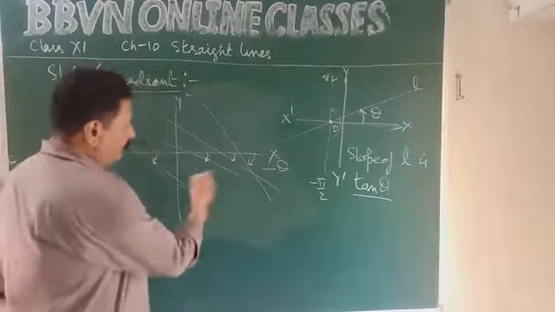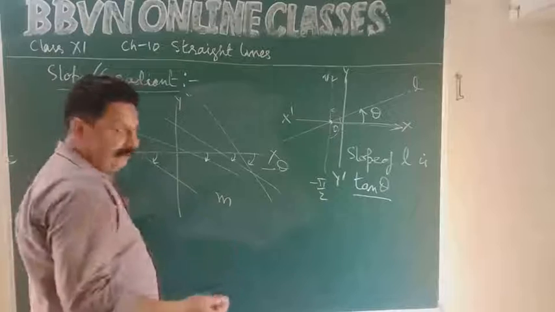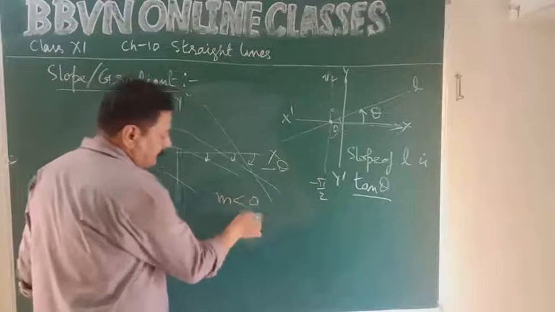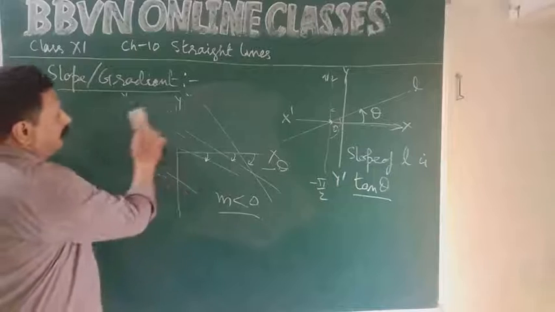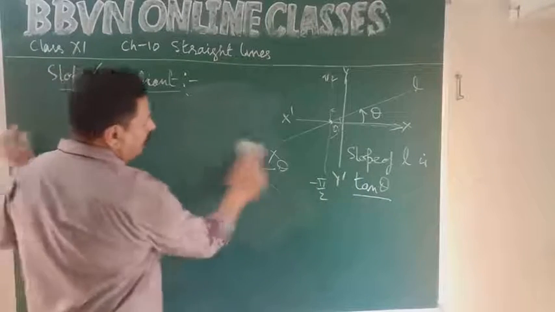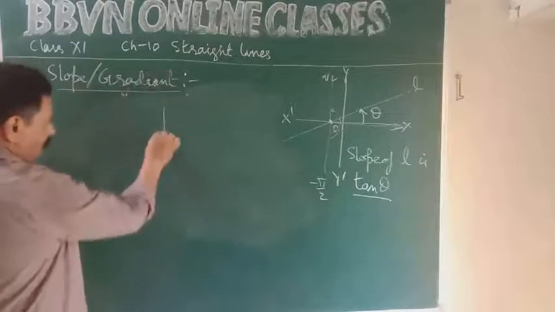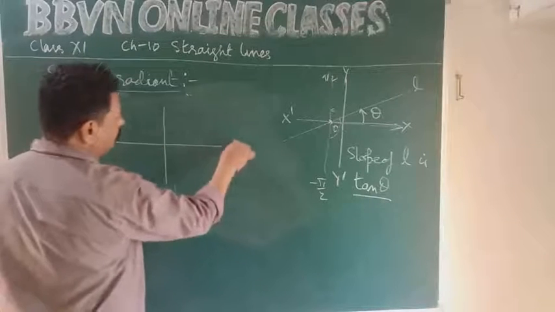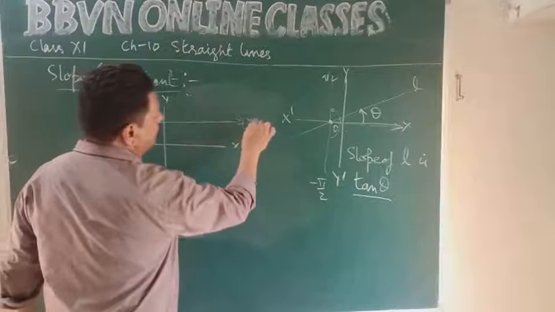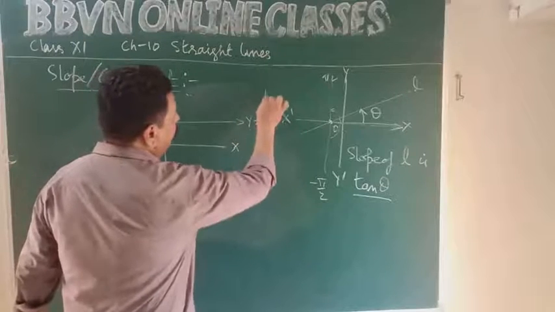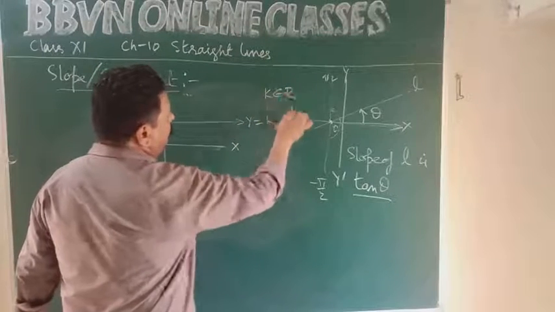So here the slope of these lines, generally M, will be less than 0. Slope will be negative. Okay. Now what happens if the line is parallel to x-axis? Any line parallel to x-axis has an equation in the form y equal to k, where k is a constant, non-zero constant.